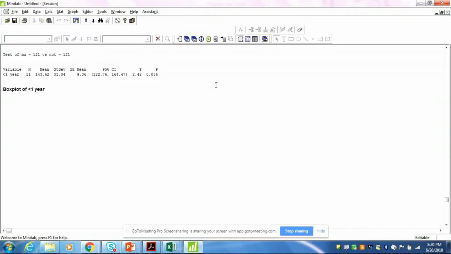There is a difference, right? So there is a significant difference between the hypothesized mean and the sample mean. Hence, because it is different, we can take it as significant. So that means this target of 121 is a statistically significant target to be taken for the project.